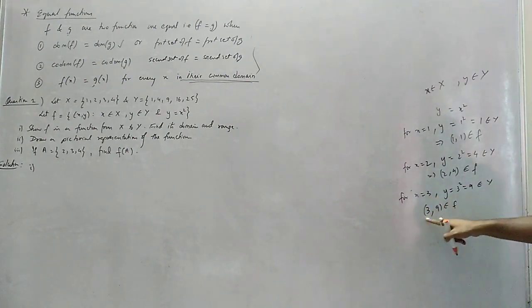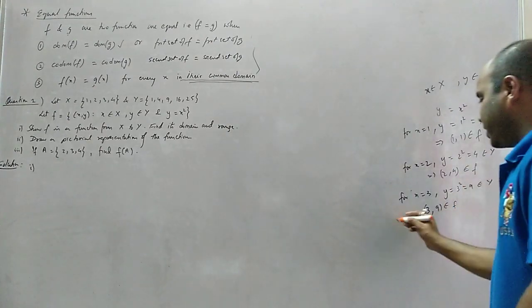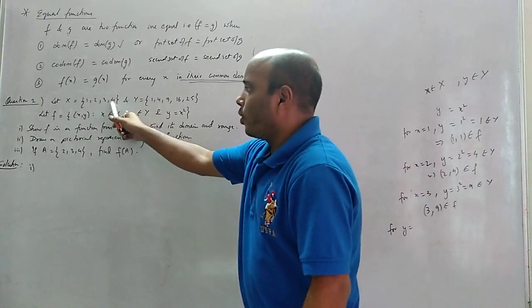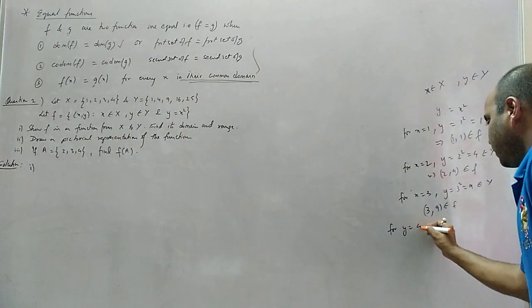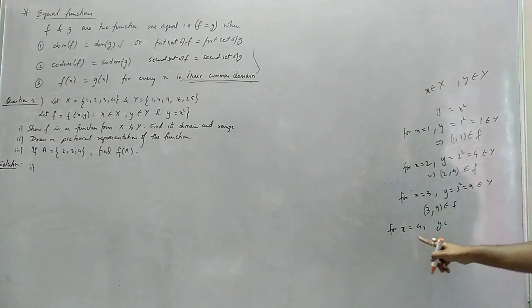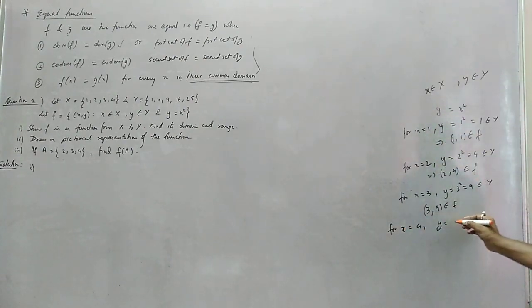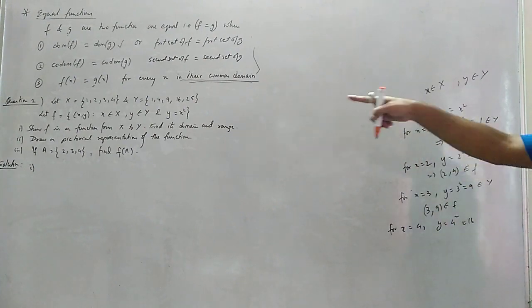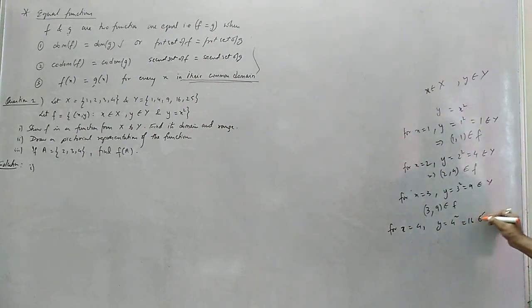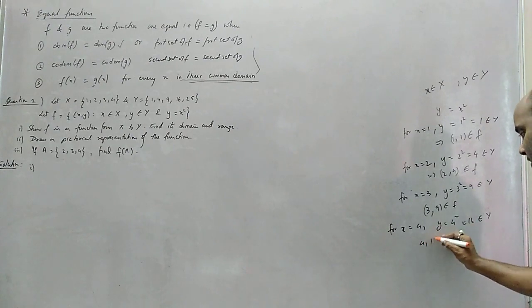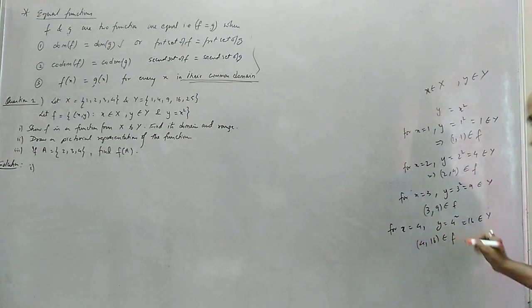Now I'll take the next element, x equals 4 from the first set. y will be 4 square, 16. Is 16 there in the second set? Yes, it is. That means (4, 16) belongs to f.